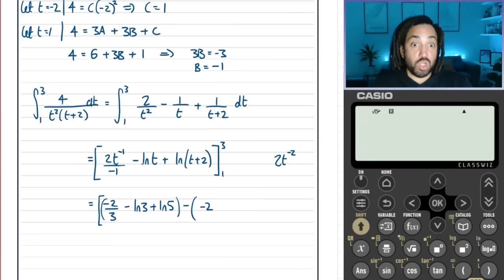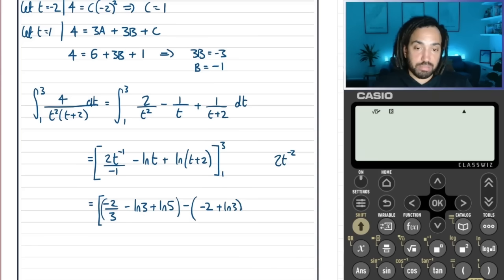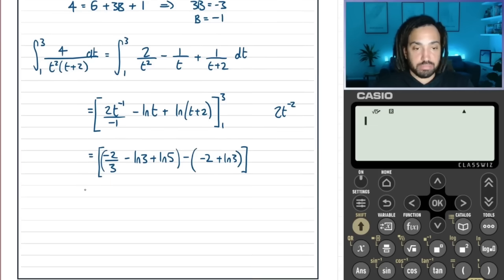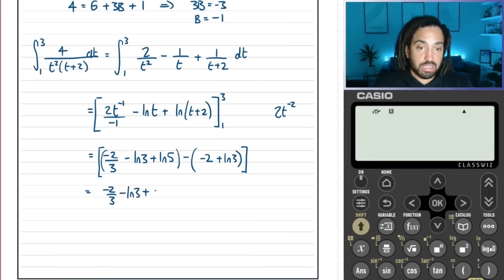And then ln of 1 is 0, so we can miss that one out. And then here we're going to have plus ln of 3. Okay, let's write them all out then without any brackets, like so. And we've got minus 2 is plus 2, and then we've got minus ln 3, like so.